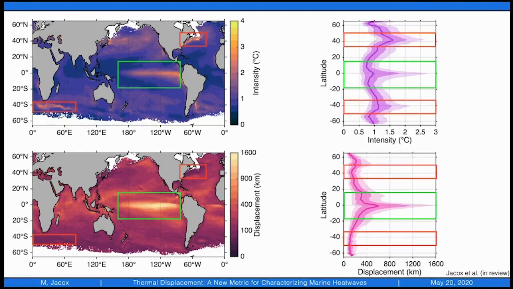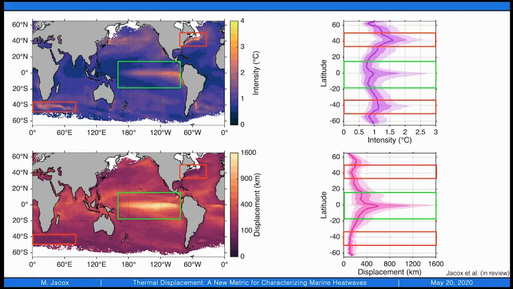But in contrast, if you look at the Southern Ocean, if you look at the Gulf Stream, you see the opposite, really. You see these high intensity events, but you don't see a similar spike in thermal displacements. In fact, those regions are some of the lowest thermal displacements in the global ocean.